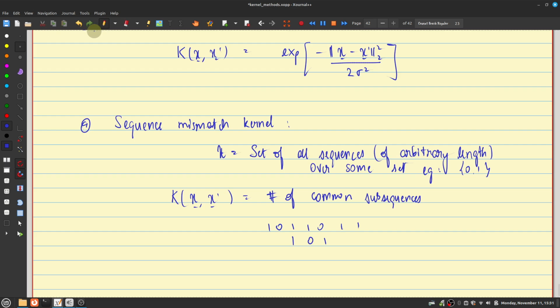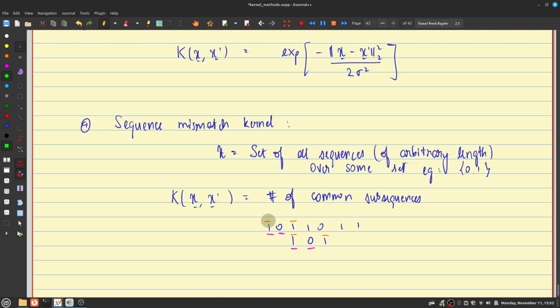So for example, 1 0 is a common subsequence, because 1 0 appears in both. 1 1 is a common subsequence because I have a 1 1 and I have a 1 1. But there are different common subsequences, because this 1 1 and this 1 1 is a common subsequence.